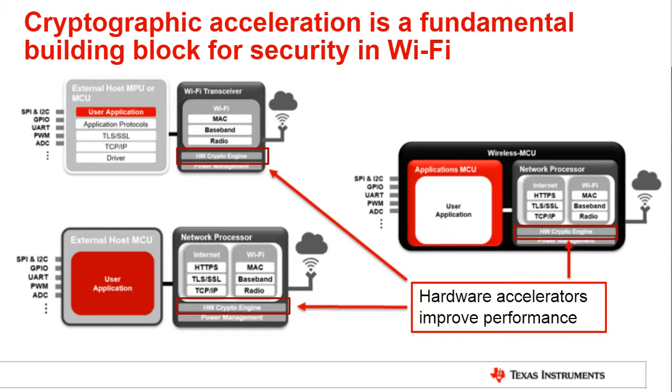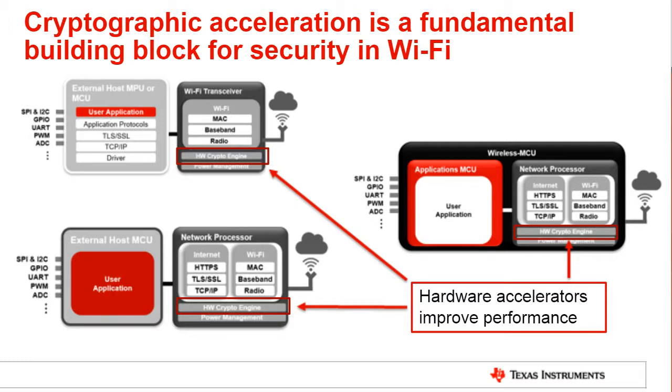And on the right, we have a full wireless MCU, which integrates the network processor with the actual application's MCU that's running the application. These are three different architectures for a Wi-Fi solution, but they all incorporate hardware accelerators to improve performance, because cryptographic acceleration is a fundamental building block for security in Wi-Fi.